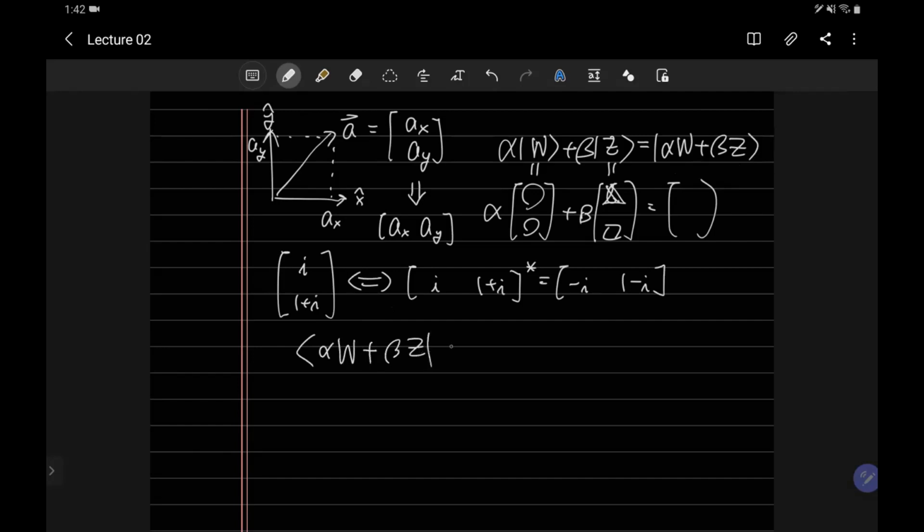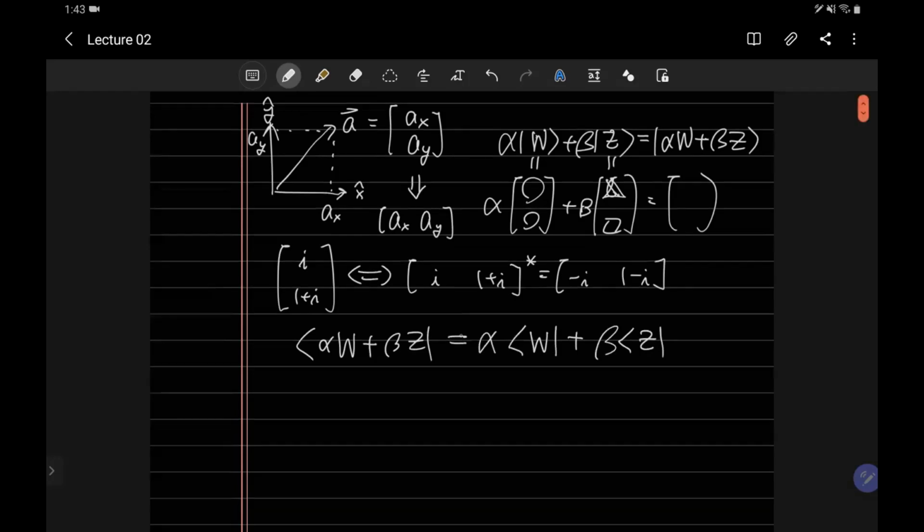Because this ket vector was a linear combination of these two vectors, you might think the corresponding bra vector will have a component like this for w and z, and the coefficients will remain the same.